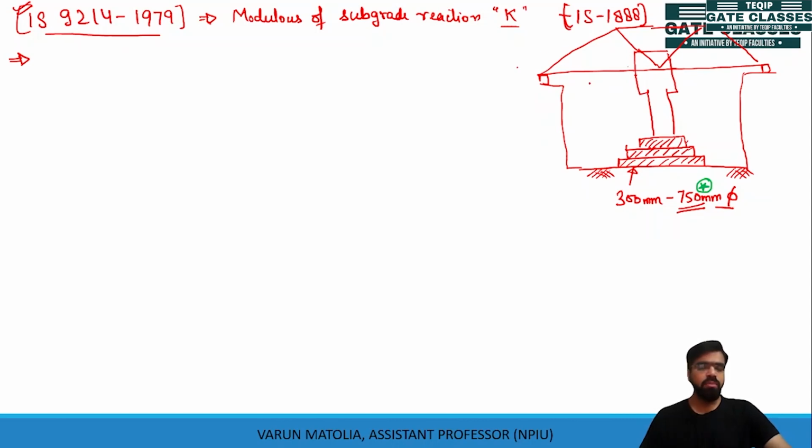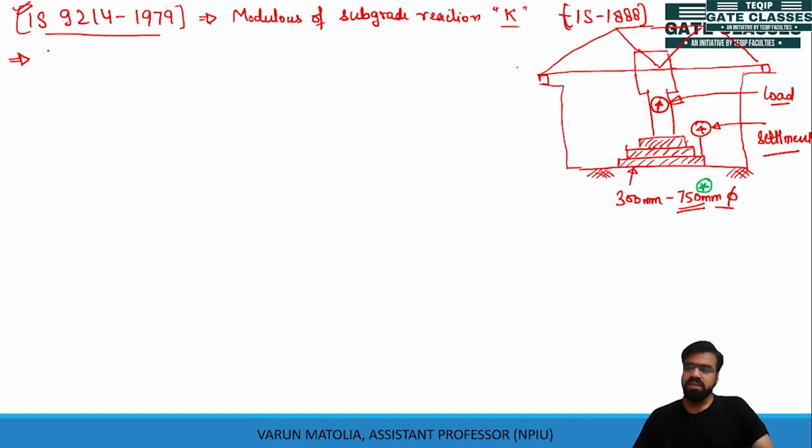Loads are applied from above, and these loads are measured with the help of dial gauges which are placed on these checks. There is another dial gauge which is placed on the lowermost plate to calculate the strain or the deflection or the settlement. This is for load. So this is the arrangement of your plate load test.